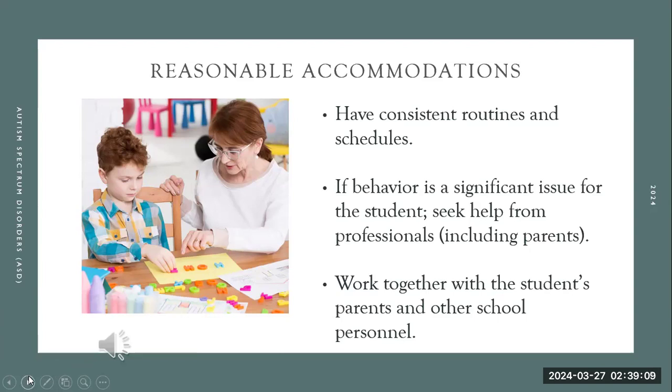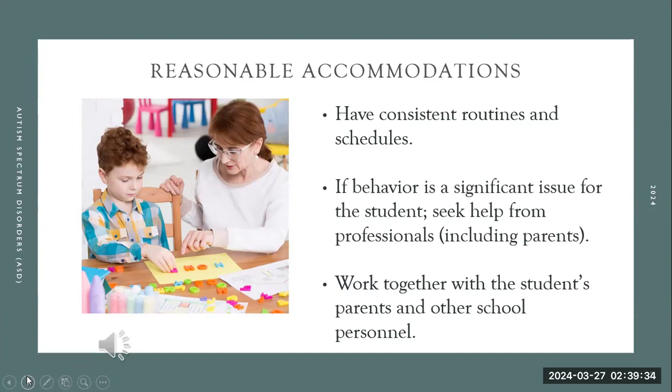If behavior is a significant issue for the student, we need to look for help from professionals. But if we don't have professionals in our institution for any reason, we can look for support from the parents. Usually the parents become professionals in this area because they face the situation every day, so they know more than us.